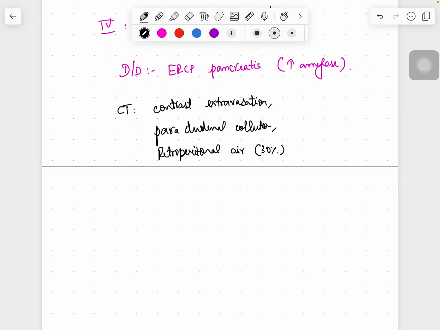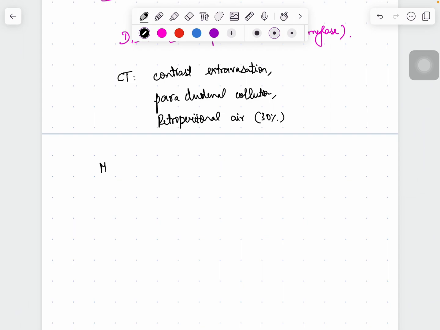And how do you manage? The management in simple terms is that if there is a retroperitoneal perforation, these patients should be managed essentially non-operatively with supportive therapy.